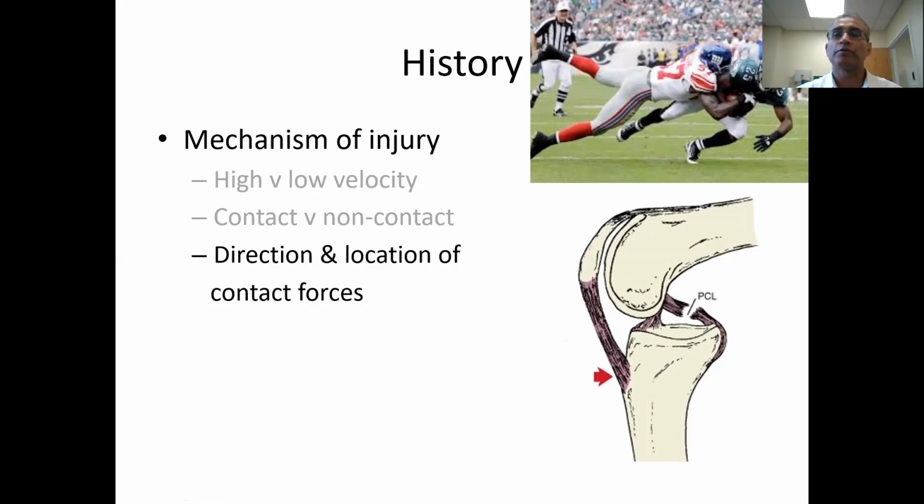The common scenario for such injuries is what we call dashboard injuries. The driver hits a stationary object, and the forces get transmitted to the front of the tibia, and the tibia goes backward, leading to PCL injury. Often these are missed because of other distracting injuries to other body parts.